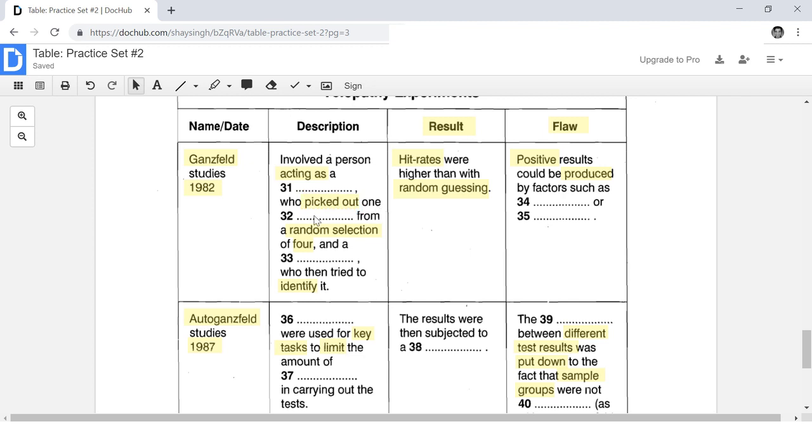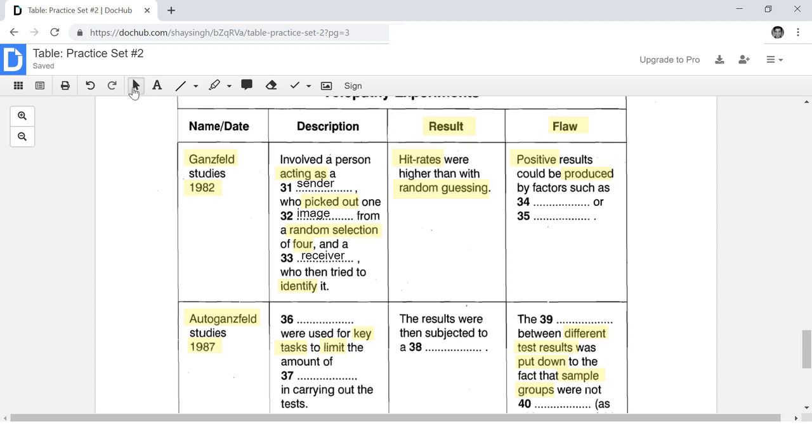Picked out one image or one picture from a random selection of four pictures and a someone, receiver, who then tried to identify it. The receiver tried to receive the image and identify it. So let's start to put down our answers. Here the correct answer is sender. Down here the correct answer is, you can put image or picture, doesn't matter. And then over here the correct answer is going to be a receiver.